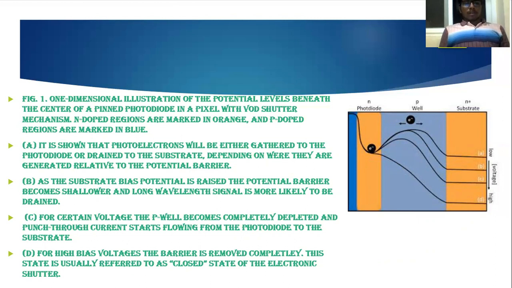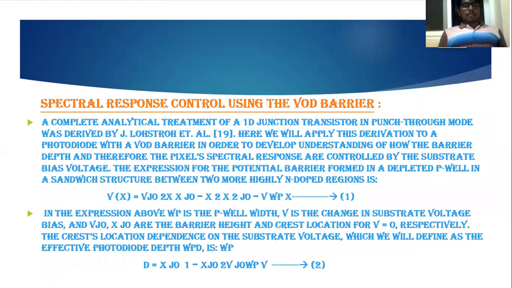As the substrate bias potential is raised, the potential barrier becomes shallower and long wavelength signal is more likely to be drained. For a certain voltage, the P-well becomes completely depleted and punch-through current starts flowing from the photodiode to the substrate. For high enough voltages, the barrier is removed completely. This state is usually referred to as the closed state of the electronic shutter.